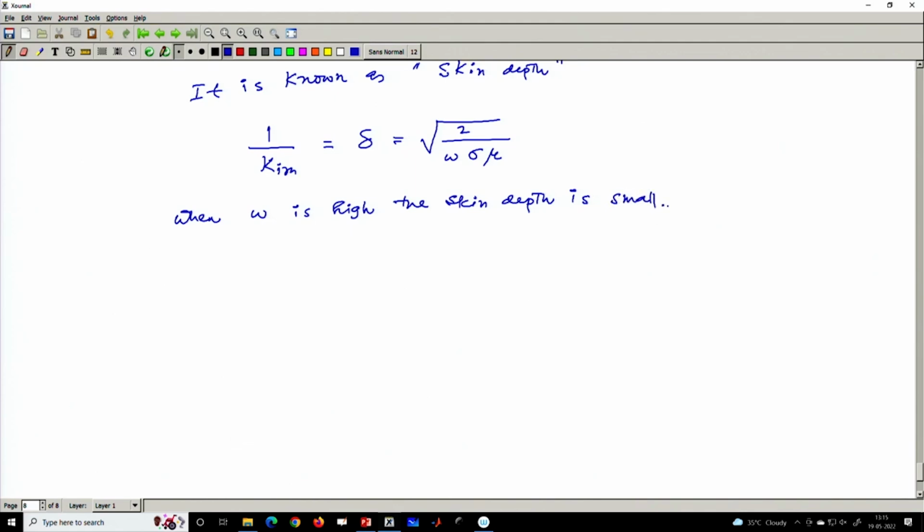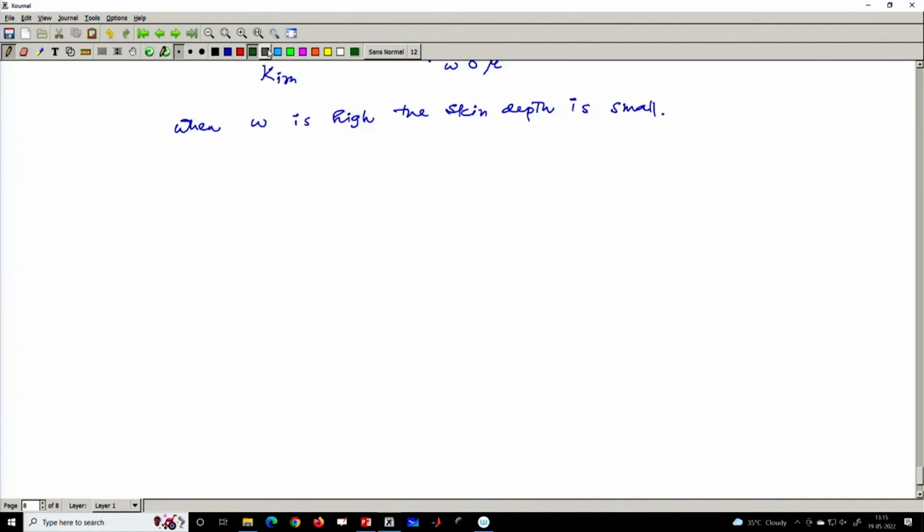So, for very high frequencies, suppose we have a conductor here, and the electromagnetic wave is propagating in this conductor. When it goes inside the conductor, there is huge attenuation of the amplitude.